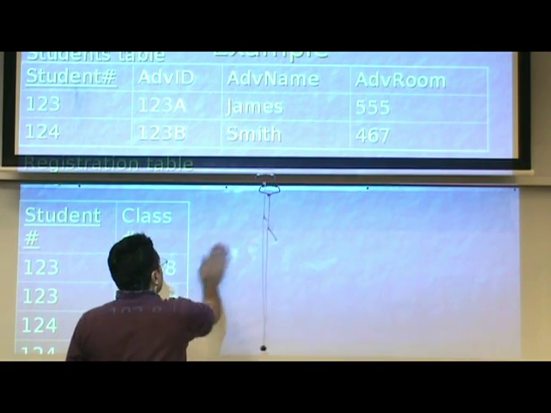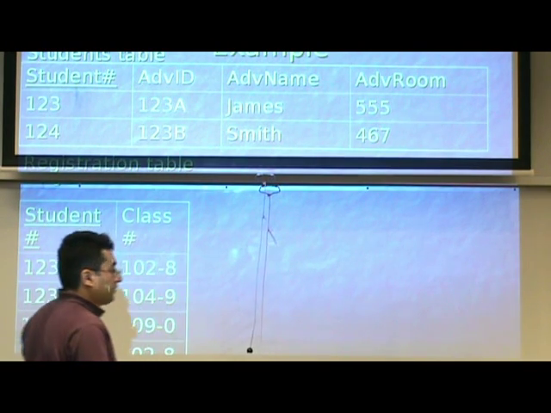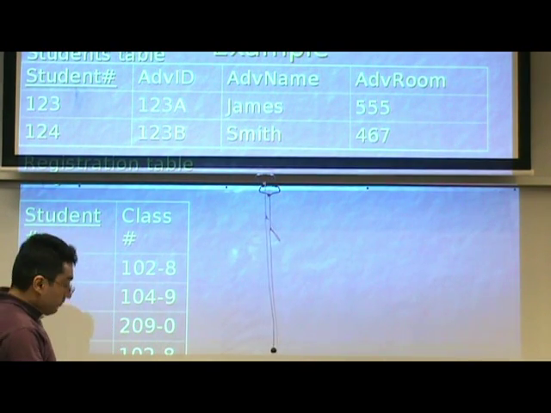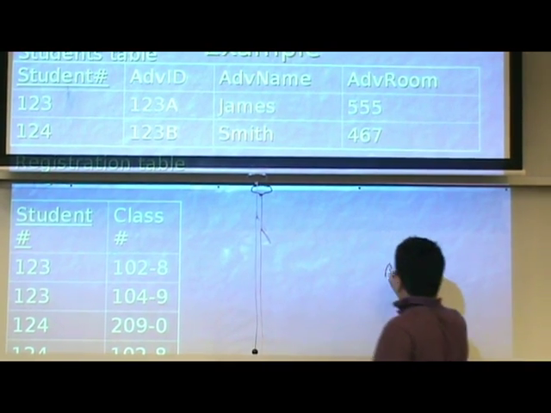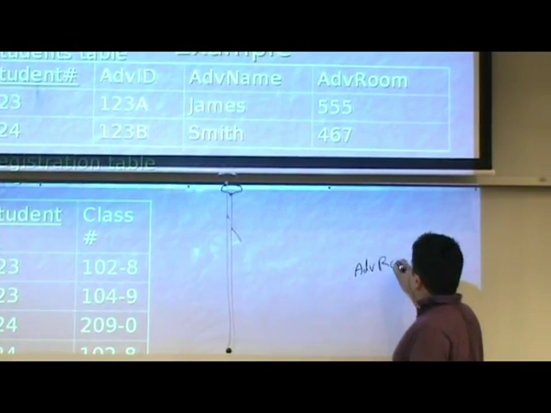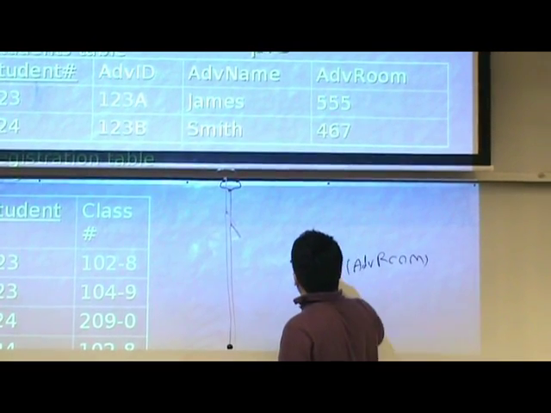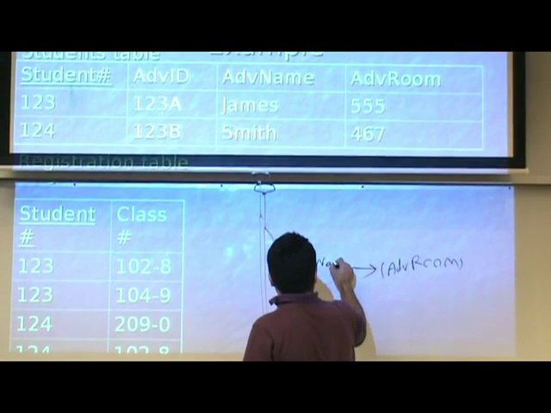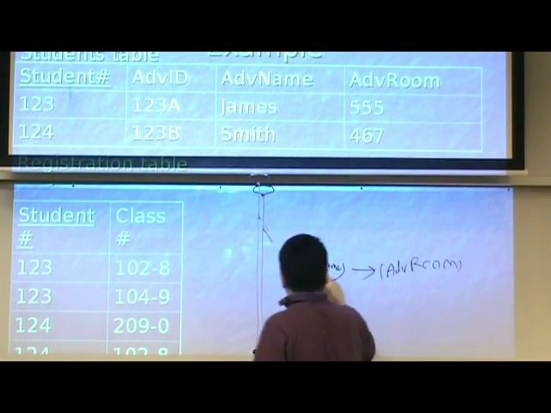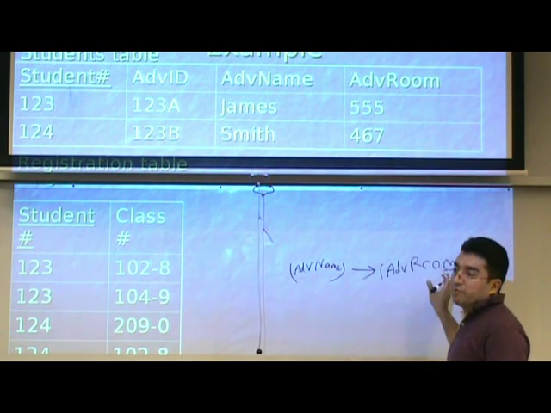Okay, so let me draw the notation of the functional dependencies, as I mentioned before. The advisor room can be determined and identified by advisor name. If you know Professor Mahmoud is an advisor, you can find his room.